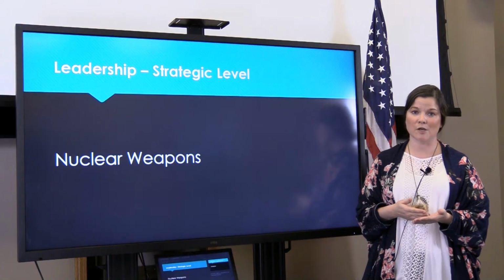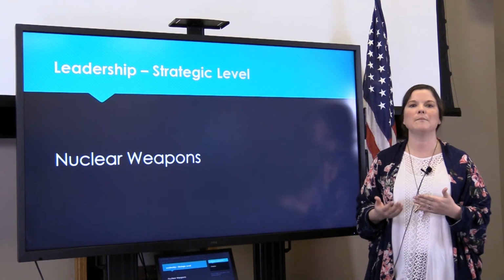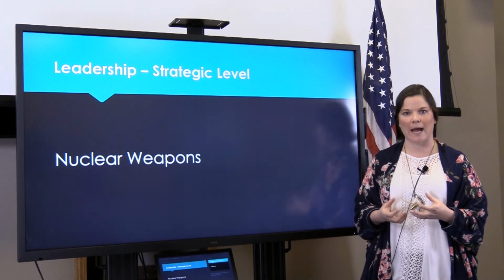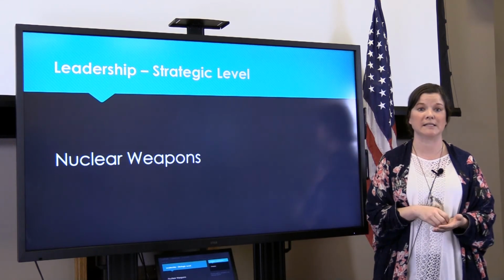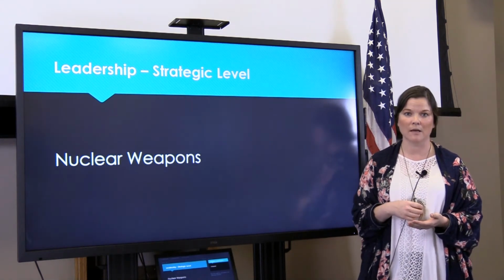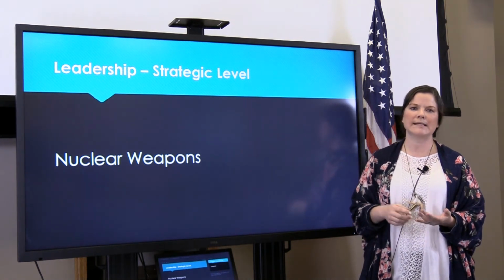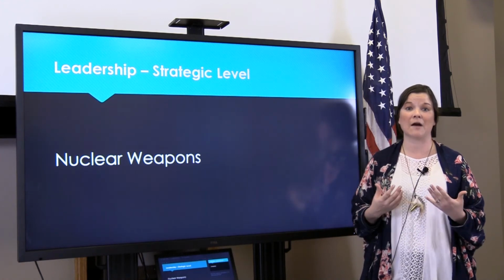So when looking at these leaders, first of all, we need to assess how important are nukes to this person. Is this the foundation of their power? Is there something else that they could rely on if they didn't have nuclear weapons to maintain their power? And then we have to get into the way that they think and the way that they make decisions. Is this someone who follows their gut and just makes a call based on how they feel?